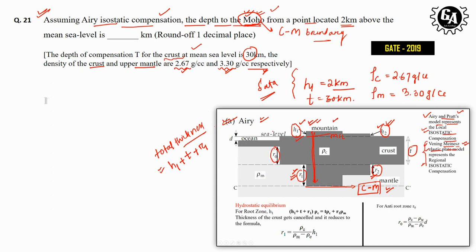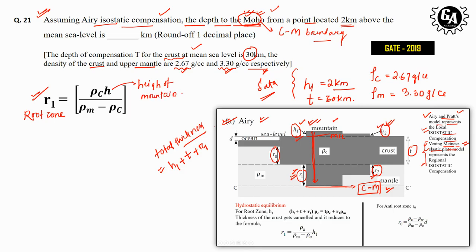For this we have a very simple formula. Here r1 is the root zone depth or thickness, and h is the height of the mountain from MSL, the mean sea level.